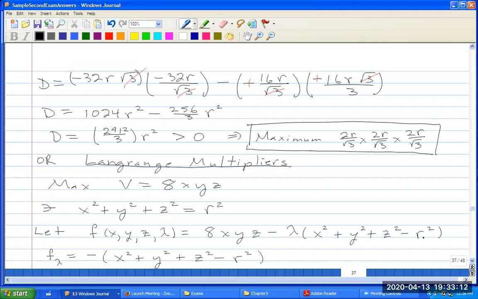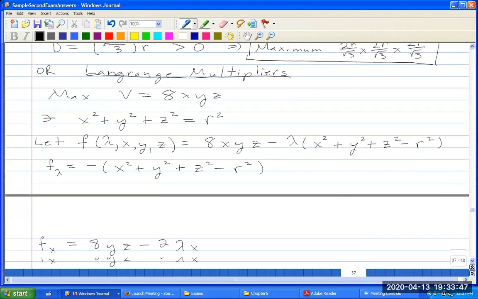Let's form the Lagrange function, this Lagrangian, sometimes we call it L, of x, y, z, lambda. Let's call it F of lambda, x, y, z, having the lambda first.